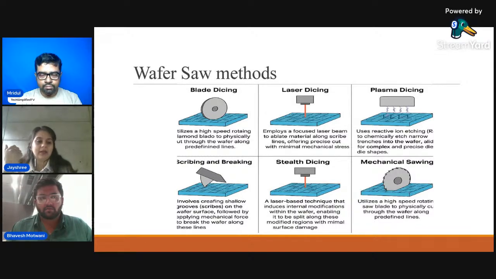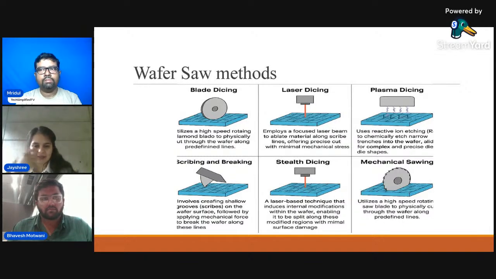And then the cons: it can introduce thermal damage, not properly, but it can be controlled. But yes, it's a con. Then, obviously, as this laser is already an expensive equipment, it is very costly, and we cannot use it for research purposes every time. It's okay to use for one or two types of research purpose, but not on a regular basis.